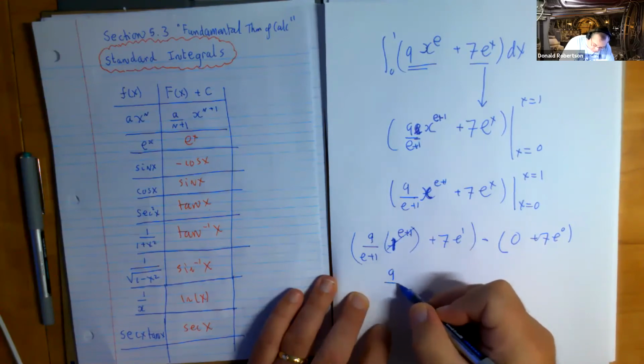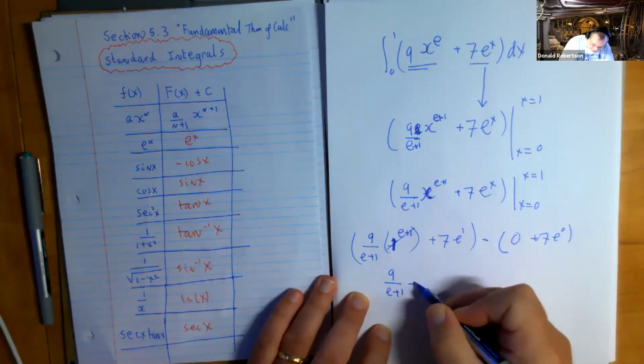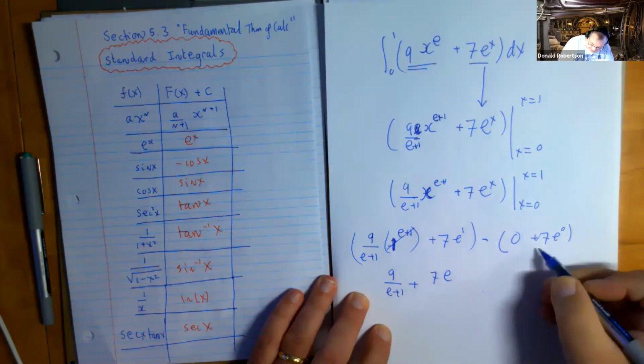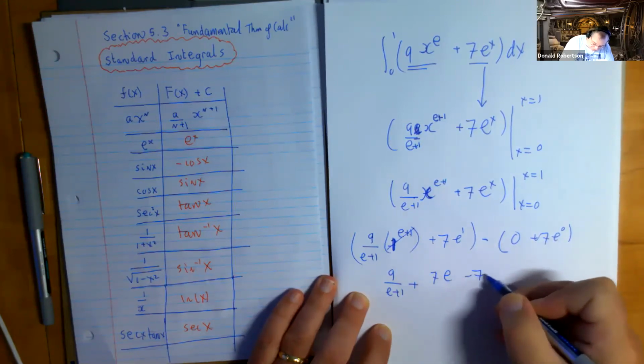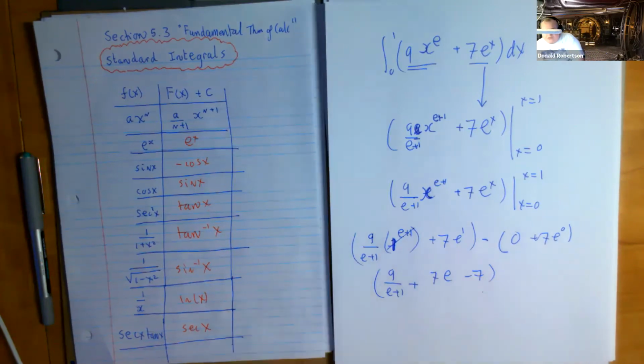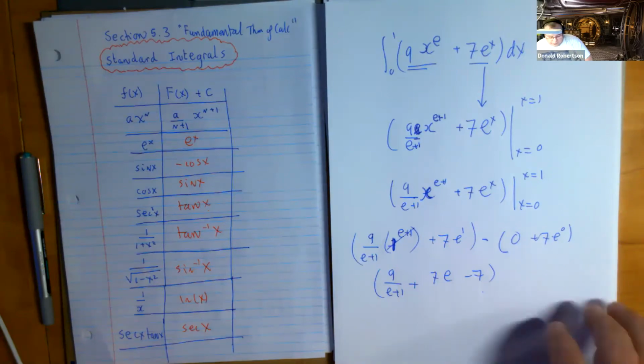So 9 over e plus 1 plus a 7e, and that's 1, so that's 7, so you take away 7. And that horrible mess is the answer. It's not a very pretty answer, but it is.